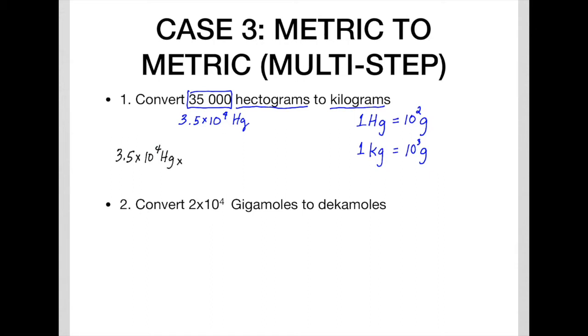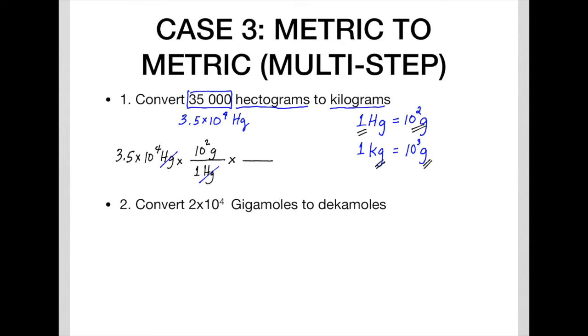And times, since I want to cancel this, I will write here 1 hectogram, and then this 10 raised to 2 gram is on the top. As you can see, I could simply cancel the hectograms. Now, my unit is in grams, but I want kilograms. So, multiply again times, and this time, I will use this conversion factor.